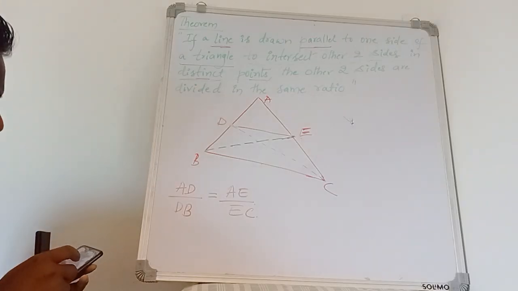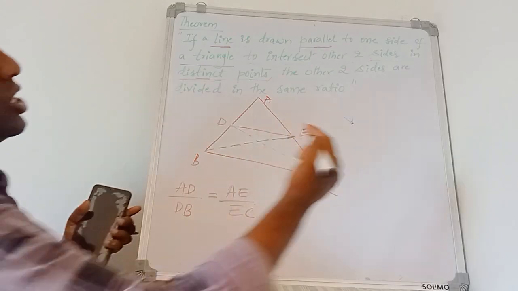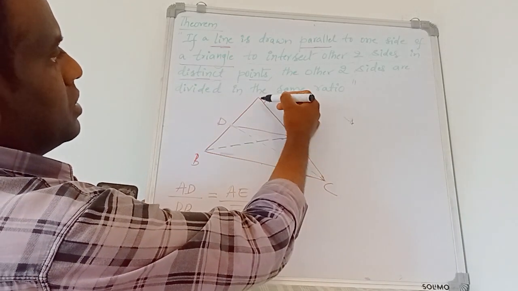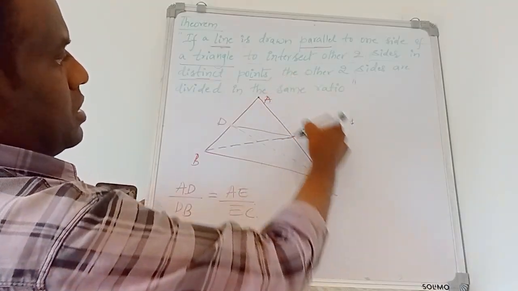Next, draw a perpendicular line DM, perpendicular to AC. This is AC, right?